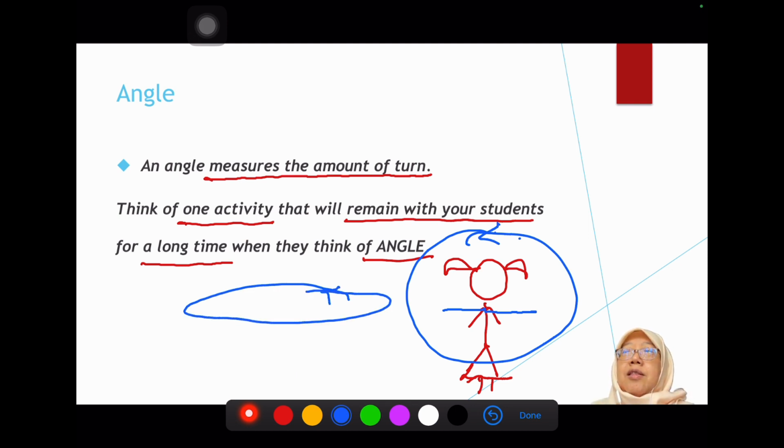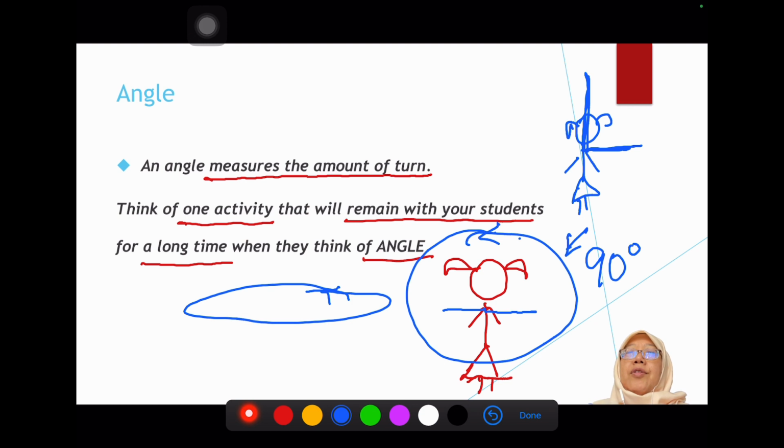I think this first choice is much better. When you say 90 degrees, they will place their hand here, so it will be something like this. The hand will be here and here. So this is one activity where you can have different degrees for angles.